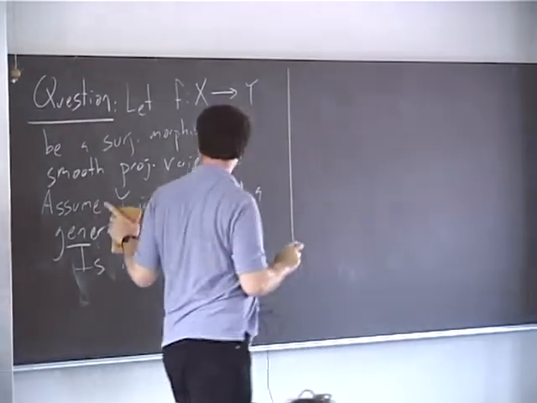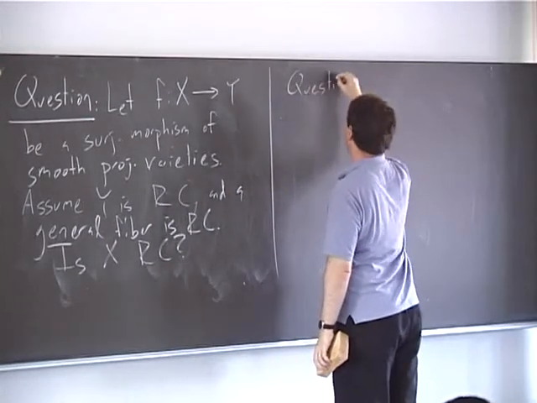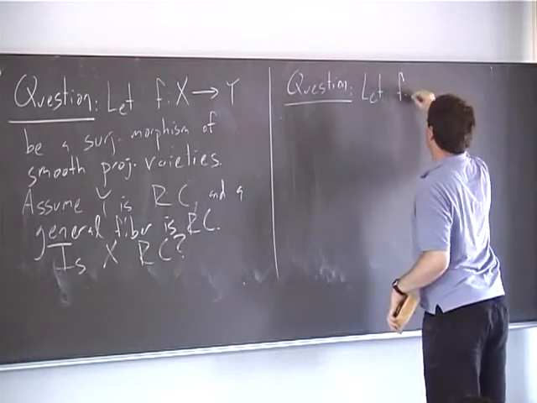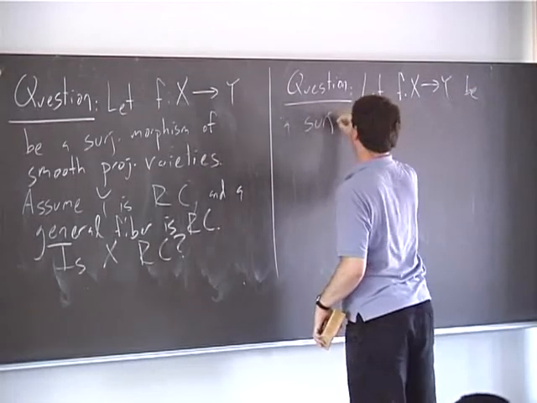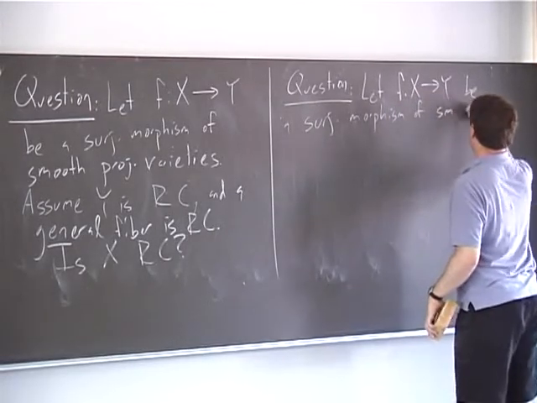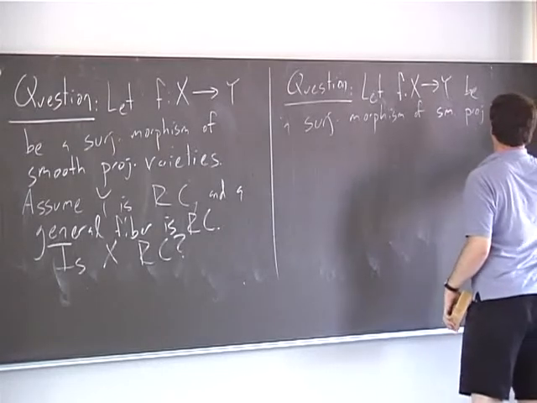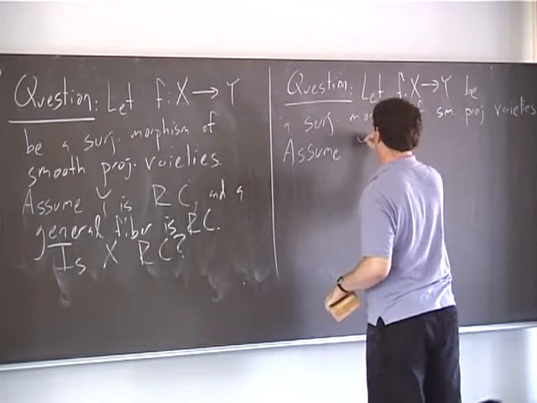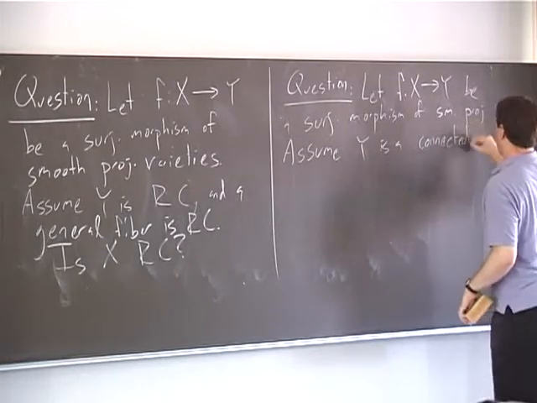Let me explain a different question that is very related to this question. Same setup. Let f be a surjective morphism of smooth projective varieties, and let's assume that Y is a connected curve.